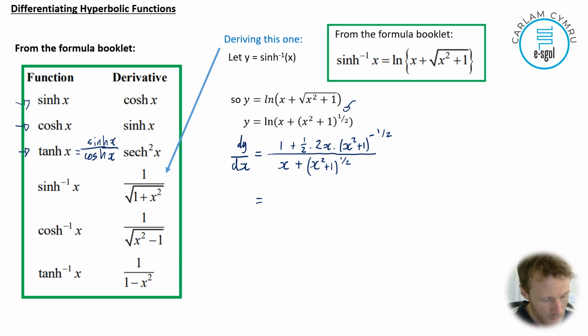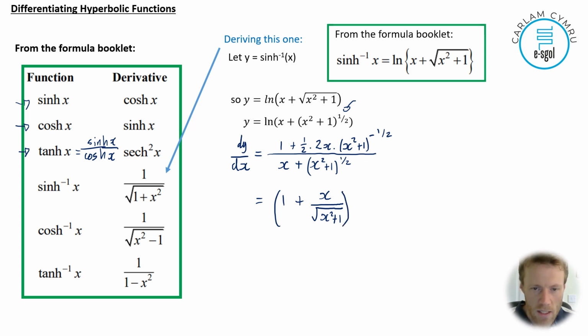So what I'm going to do is break it up into 1 plus, so a half times 2x, that's just x. And then the bracketed bit with the negative half power, I'm actually going to write that as over the square root of x squared plus 1. So all I've written here is the numerator, just in a nicer format.